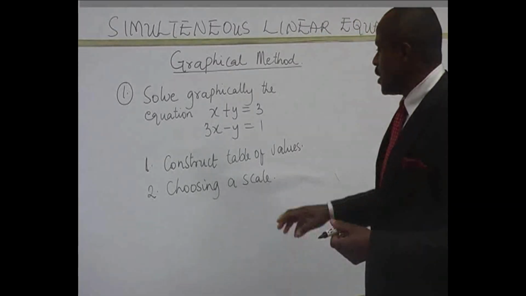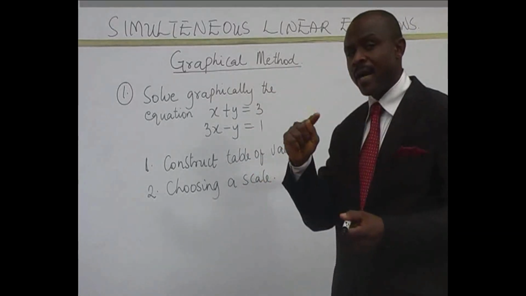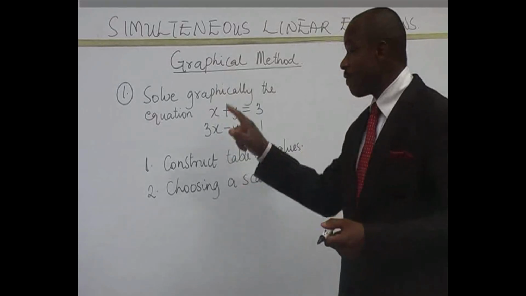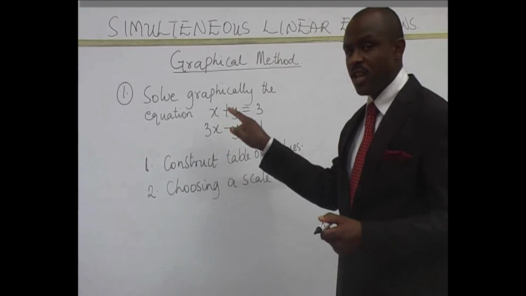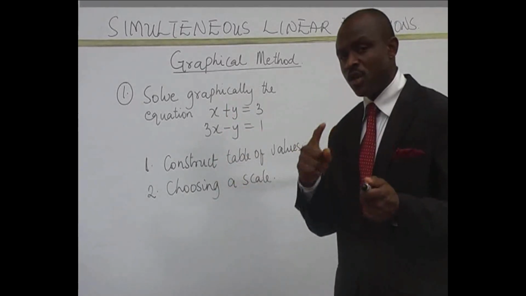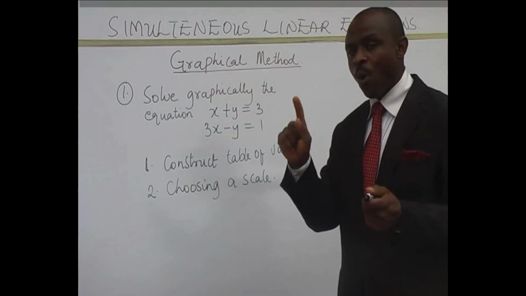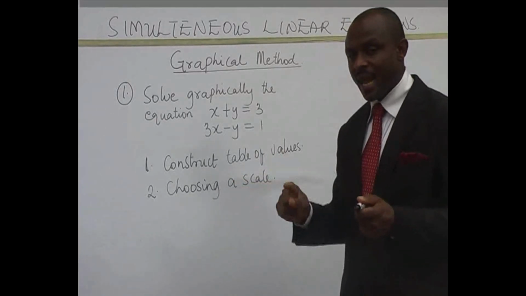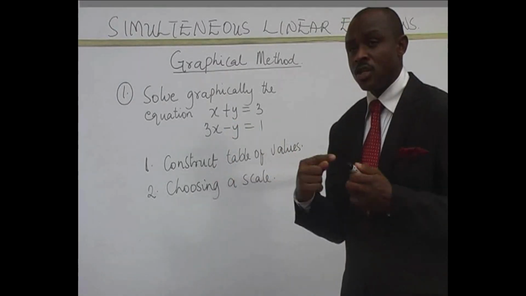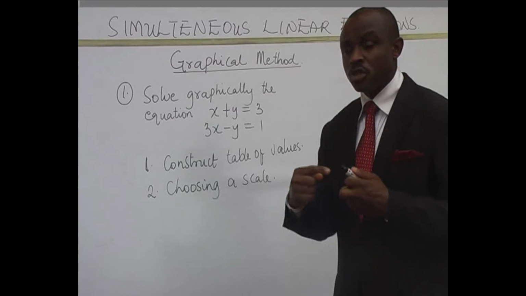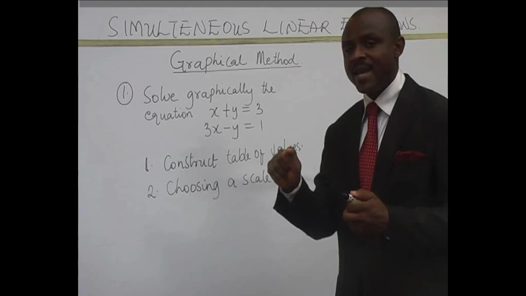Now, this question we have chosen is, if you can rewind your DVD, the first question we solved on simultaneous linear equations. We used the elimination method to solve it and got that x is equal to 1 and y is equal to 2. We also solved it with the substitution method and we got the same answer, that x is 1 while y is 2.